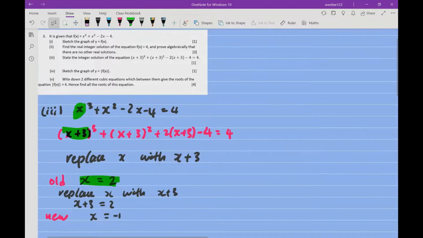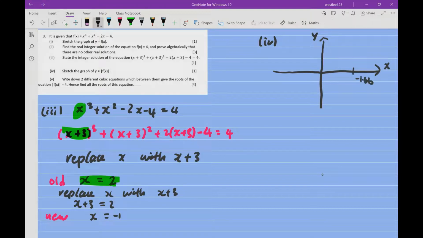Then after that, part 4, they ask you to sketch the modulus graph. All you need to do is, for modulus f(x), flip the parts which are below the x-axis on top of the x-axis. So just now, the graph looks like this. Let me draw it out for you again. The dotted graph in red is the part that we are supposed to flip upwards because it falls below the x-axis.